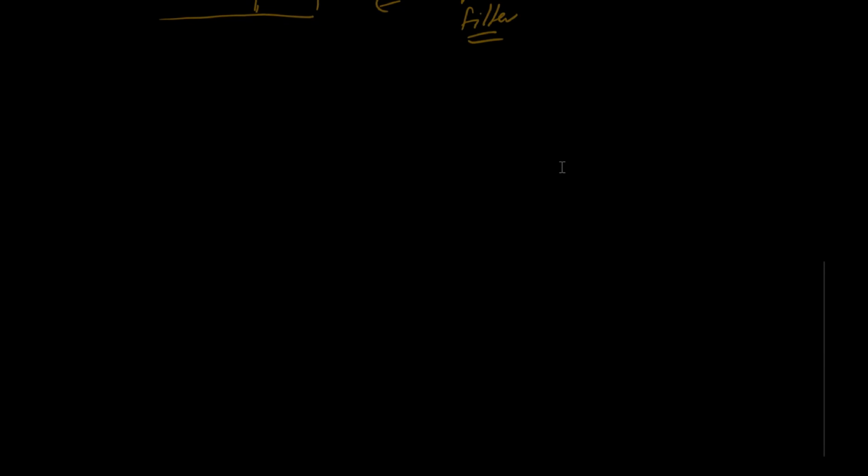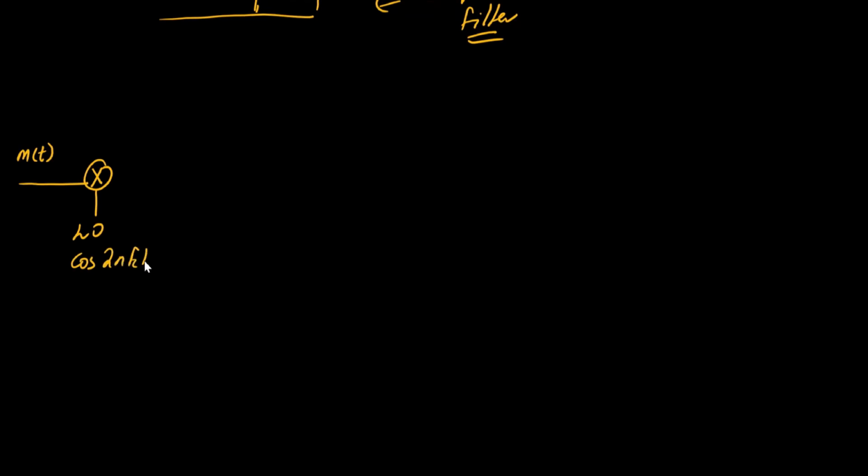In terms of the VSB model, say we have a message signal m of t. We use a local oscillator operating at cos 2 pi fc t, and we multiply it by 2. Until here, we have just created a double sideband suppressed carrier modulator.